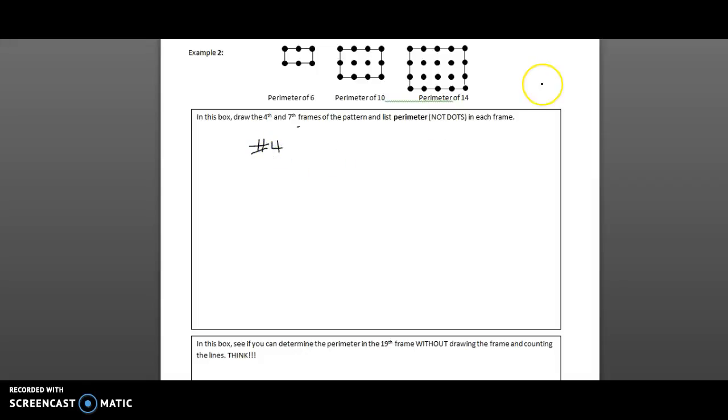So here's number 4. I'm going to look across the bottom of each of the ones that are here, and I start with 3, I go to 4, I go to 5, so that must mean I need 6 dots on the bottom. And then I do the same thing, looking on the side, so I've got 2, 3, 4, and that means I'm going to need 5.